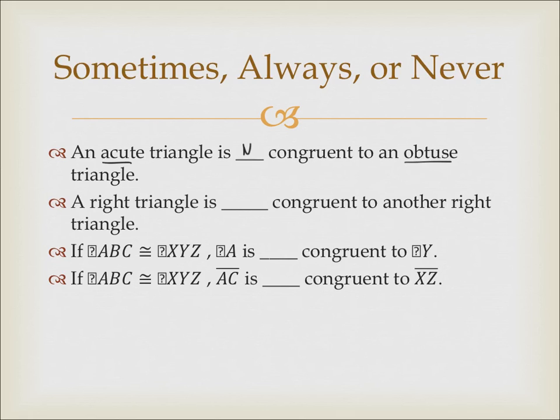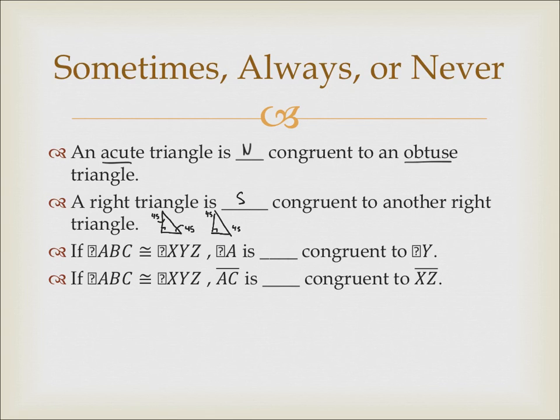Number 2, a right triangle is sometimes congruent to other right triangles. The one we all think of immediately is where we have a right triangle, and then this angle is 45, and then this angle is 45. Okay, this is usually what most people think of right off the bat.